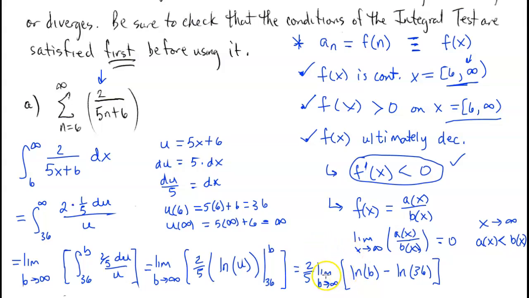So if I was to execute what I'm talking about here, this would be 2/5 times natural log of infinity, which is infinity, minus natural log of 36. Since that's going to infinity, all of this will just be infinity. Therefore, we know that this improper integral will diverge. And since it's diverging, it means that this corresponding series will also diverge.